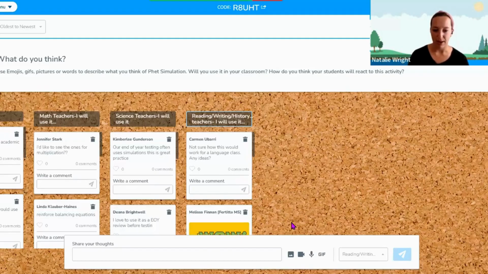So I'm learning about friction. So in my writing class or a reading class, I could read just a short article on friction and then play around with it. How am I reading about it, practicing about it, and then I can write about it.